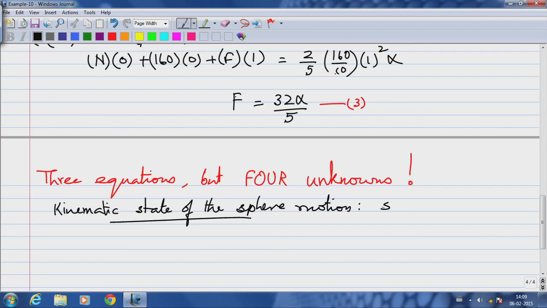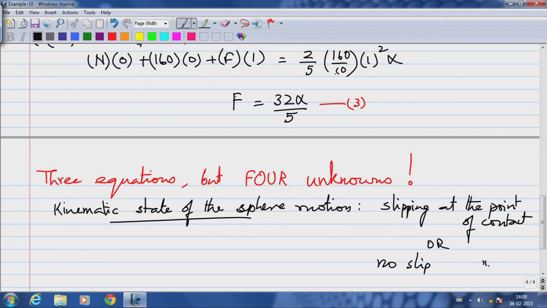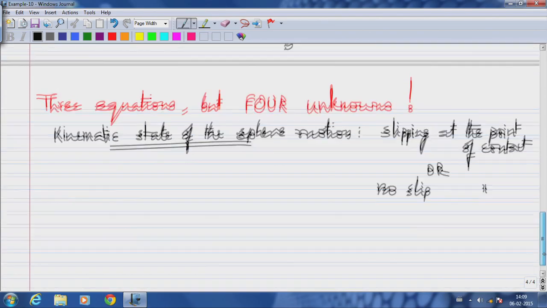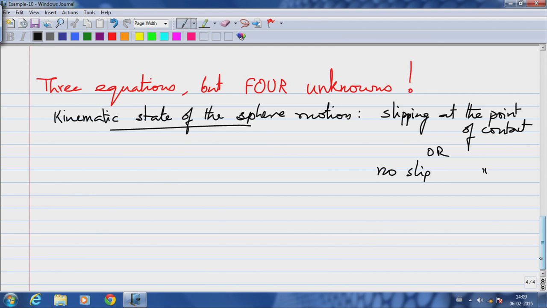Is it slipping at the point of contact, or no slip at the point of contact? Depending on which of these two is the kinematic state, our approach from here on, the fourth equation which we need to complete the system of equations, would be different.